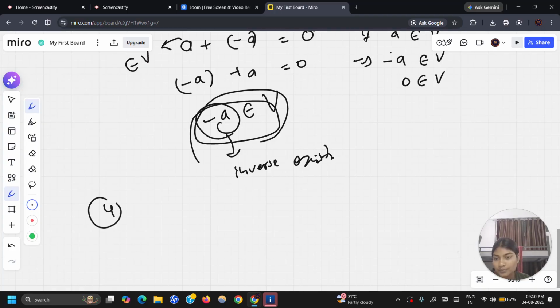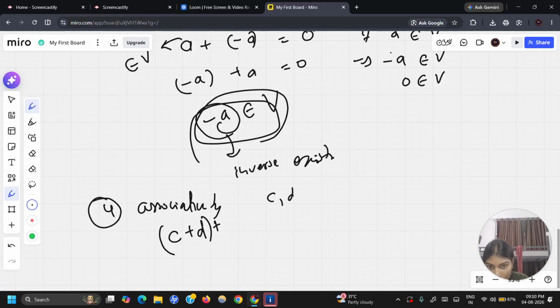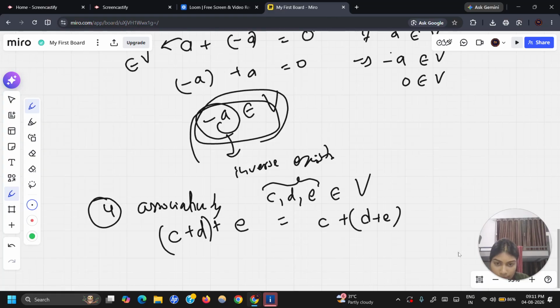Now comes the fourth property, associativity. If c, d, and e all belong to the vector space V, then c plus d plus e is the same however we group them.